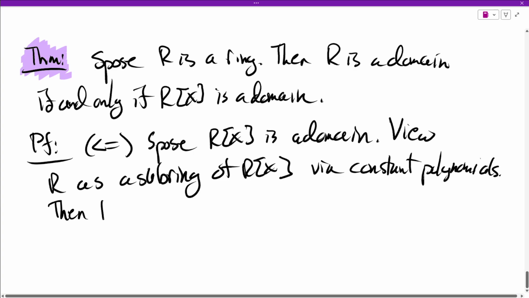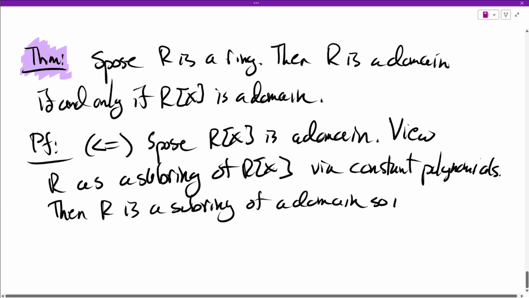Then R is a subring of a domain, and so it's a domain. By the theorem we proved previously.